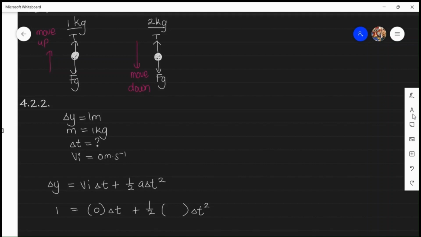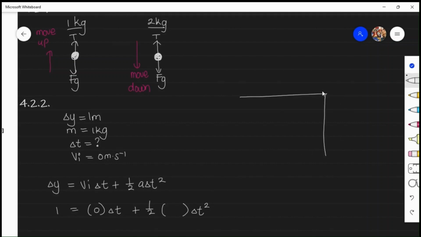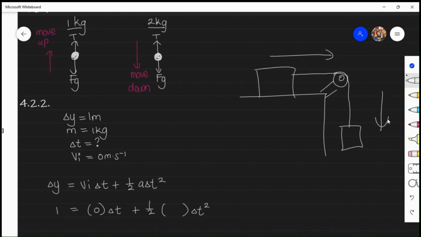Now, this same rule can be applied to questions that look similar to this. I'm sure you've seen this previously, whereby you have a table and there's two objects that are connected via a string that runs through a frictionless pulley, and in most of the cases the object is moving to the right and down. In such a case, you can also take the direction of motion as positive, meaning to the right as positive and down as positive.